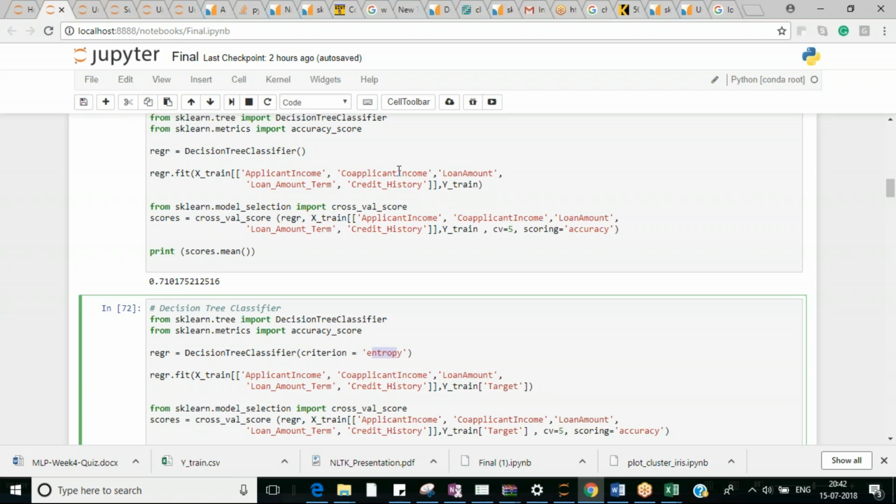But I said that accuracy is not a good measure for building your decision tree in a classification problem, because there can be true positives and true negatives. Do you remember that confusion matrix that we drew?